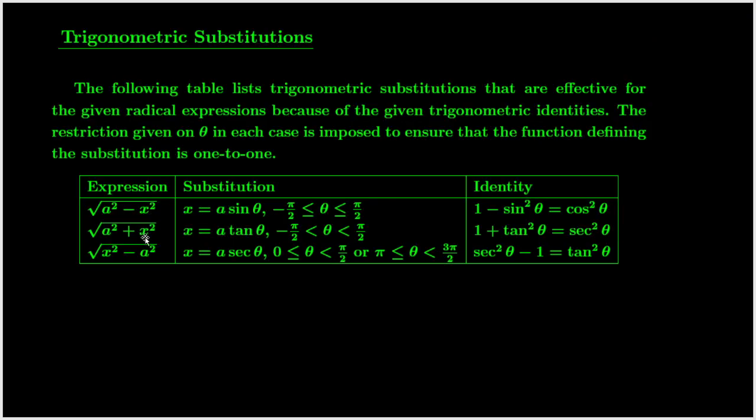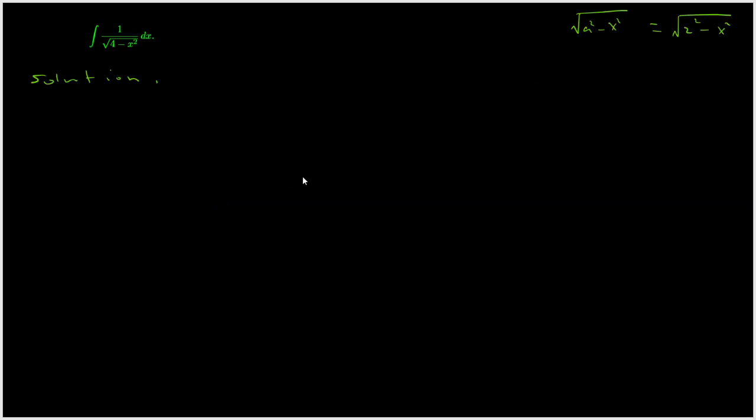If you look at the table in here, the substitution we need is let x be 2 sine of theta. Theta is a new variable, another Greek letter.